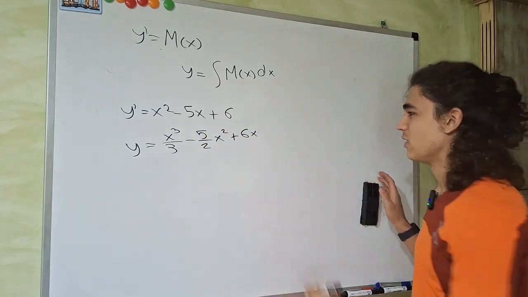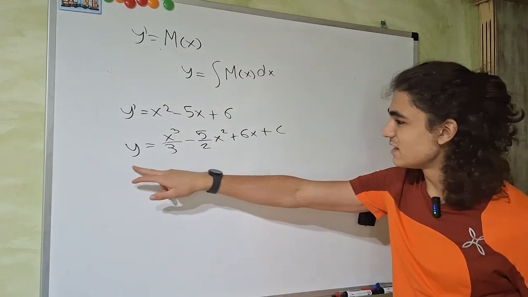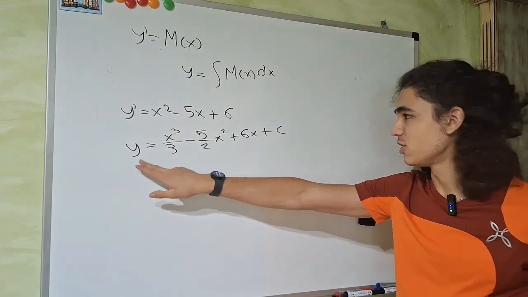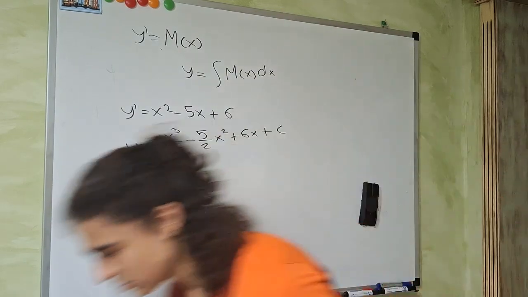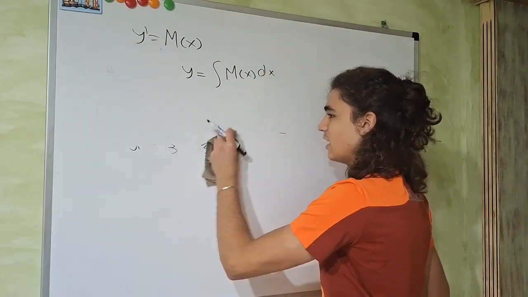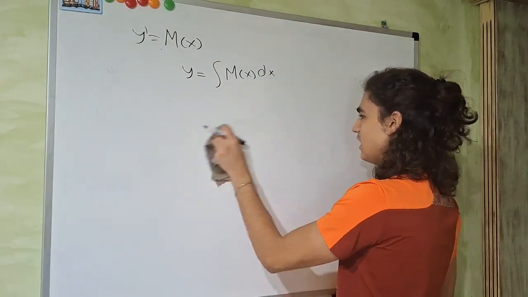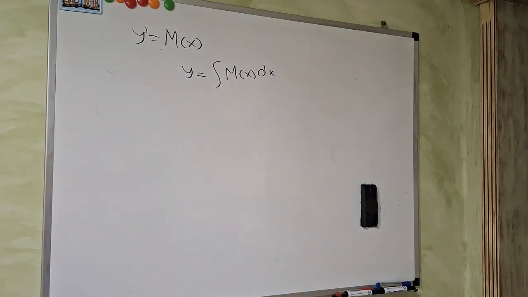Now you should be familiar with how to do these trivial integrals. And this is the expression for our function y, and that's the solution to the differential equation. Now it's time to get to the example, the most important example of today's video.